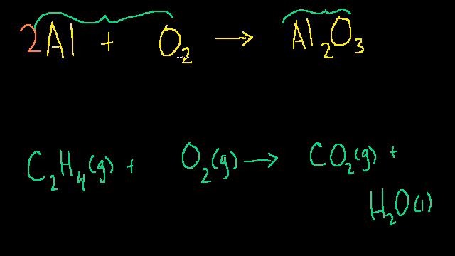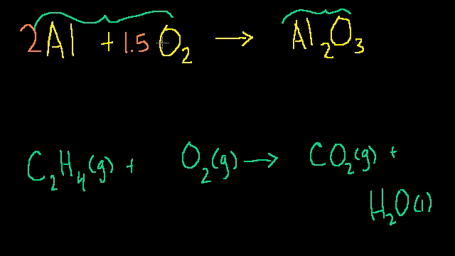What can I do here? Well, if I could kind of have half atoms, I could just multiply this by 1.5. 1.5 times 2 is 3. So now I have three oxygens on both sides of this equation, and I have two aluminums on both sides of the equation. Am I done? Well, no, you can't have half an atom or 1.5 of an atom. That's not cool. So what you do is you just multiply this so that you end up with whole numbers.